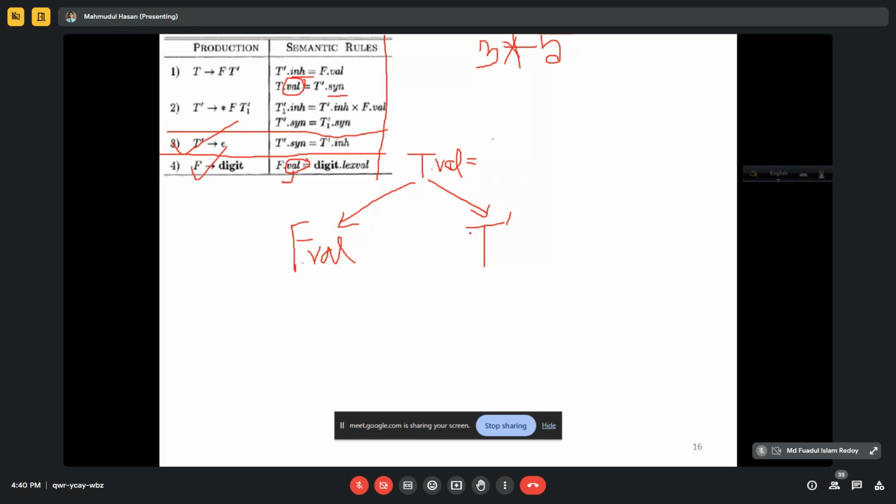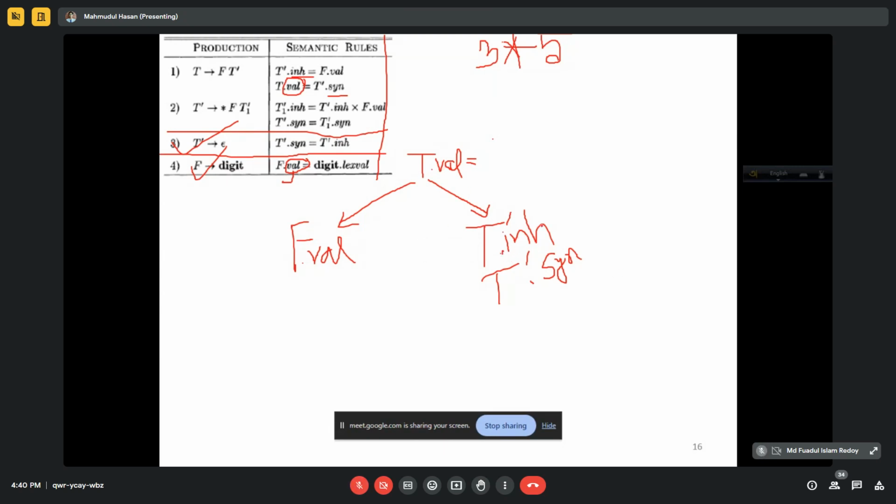So it's better to write inherited first, then synthesized. INH. Another one is T dot synthesized.